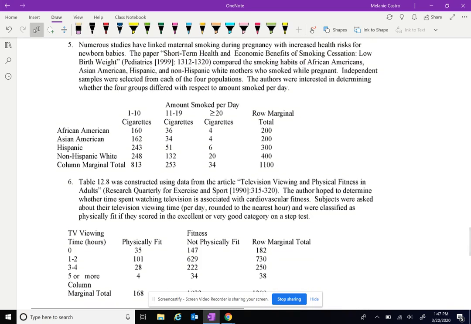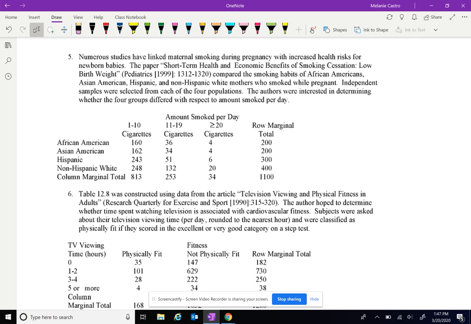Okay, the next one's got two-way tables, so right away we can ask, is it going to be the association test or homogeneity of proportions? Keywords that you're looking for here: it says independent samples were selected from each of our 4 populations. So when we have different populations, you only have the one variable.